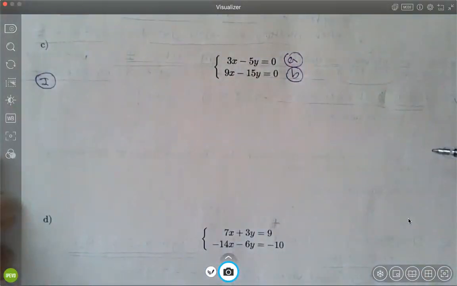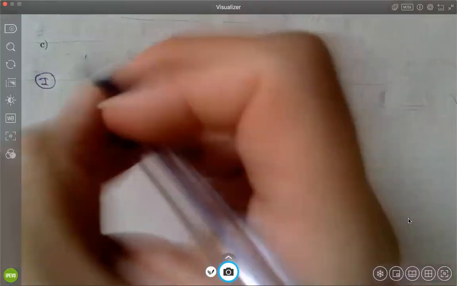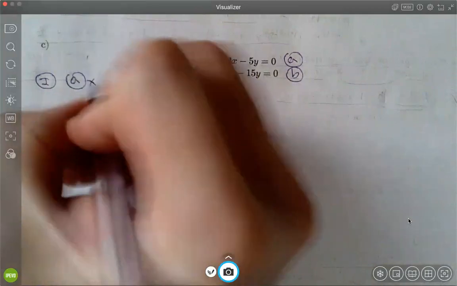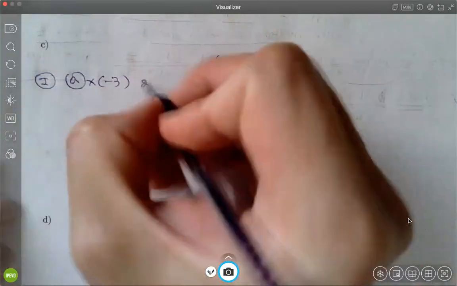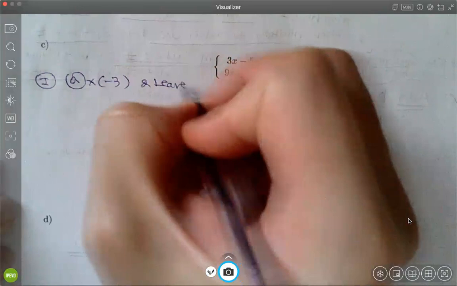Are you able to only multiply one equation, or do you have to multiply both? Yeah, so you can just multiply one equation by a number and just keep the other one the same. Multiply the top equation by -3. Okay, and then what about B? Leave it the same. Okay, so leave B.